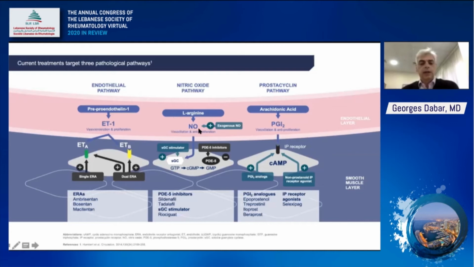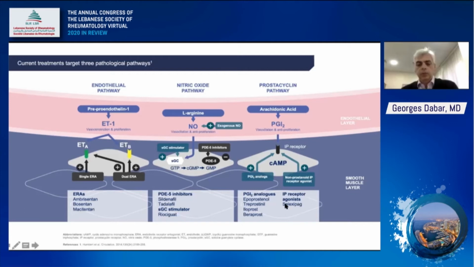The nitric oxide pathway will actually accelerate the nitric oxide pathway, vasodilation, and anti-proliferation. And you have the sGC, the soluble guanylate cyclase stimulator, or the PDE5 inhibitor. Basically, those are 2 types of medication. In the prostacyclin pathway, you have the prostacyclin receptor that's acted on, and you can use the PGI2 analogs or the non-prostanoid receptor agonist.